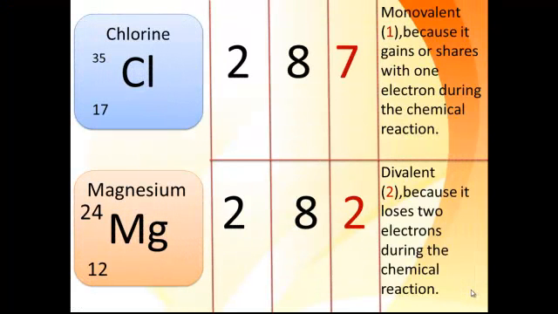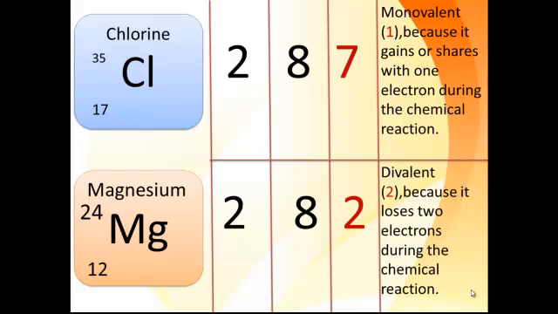Another example, chlorine atom. The atomic number of chlorine is 17, so the electronic configuration of chlorine is 2, 8, 7. Chlorine is a non-metal, so it tends to share or gain electrons during the chemical reaction.